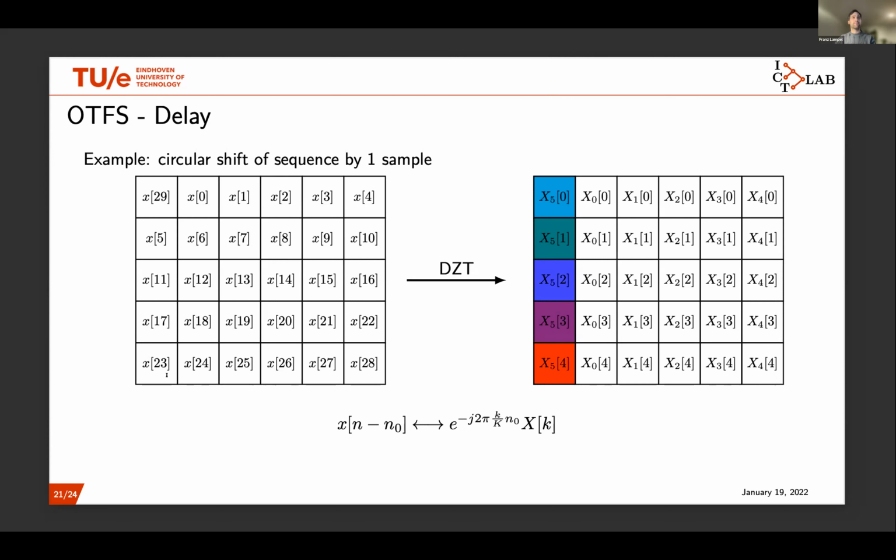And since we're taking the Fourier transform here, due to the cyclic shift property of the Fourier transform, we get an additional linear phase factor, indicated here by these colors. So delay just cyclic shifts in the delay-Doppler domain, plus those which fall out in the back come in at the beginning, and they will get an additional phase.